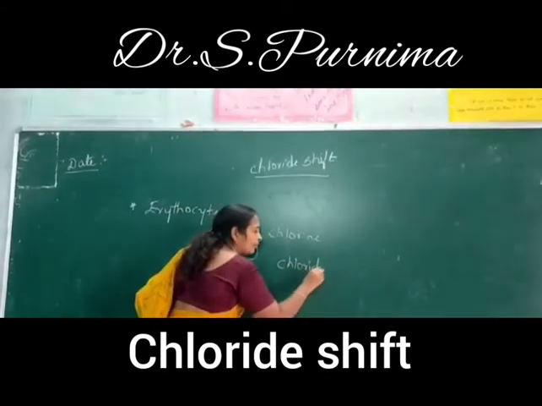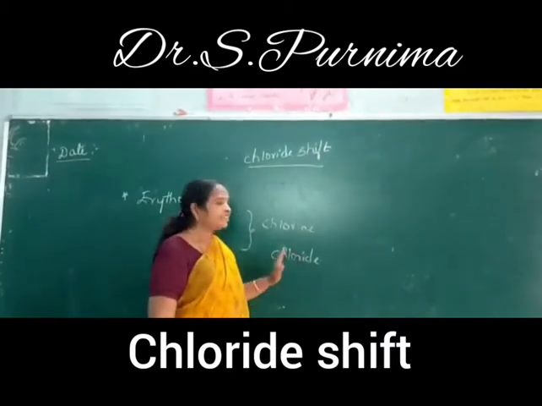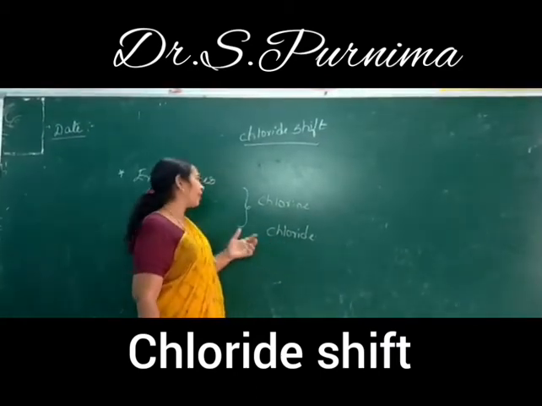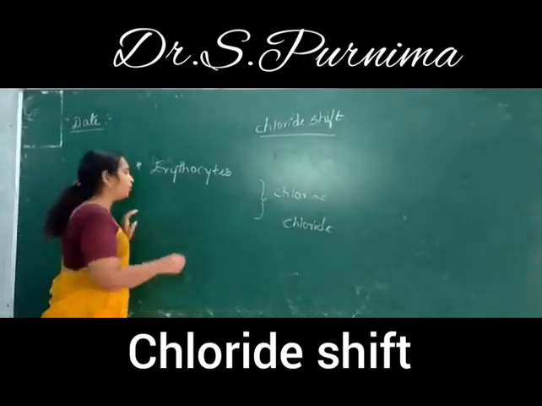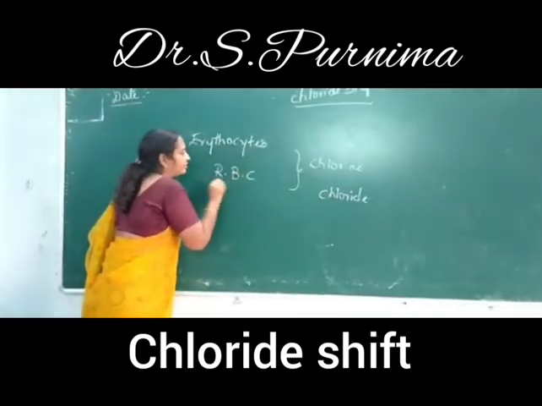So we are learning about the shift. Shift is nothing but change related to the chlorine. It is becoming chloride, and this has got something to do with your RBC, that is, red blood cells.